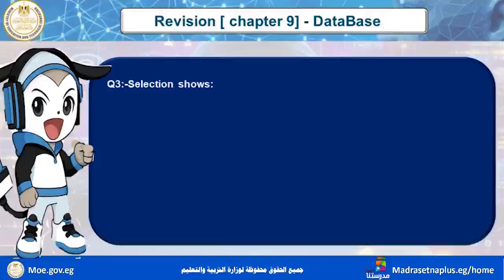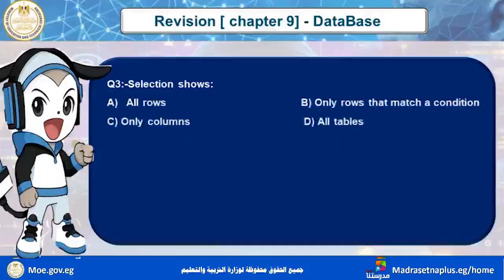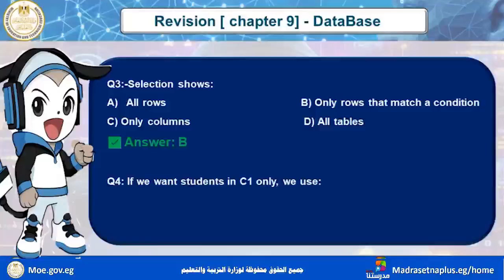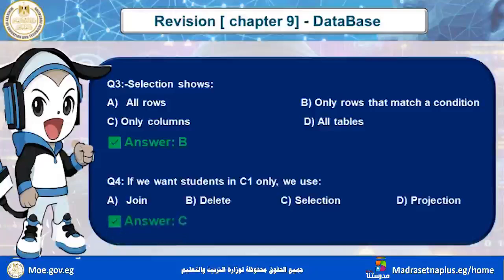Selection chooses all rows, only rows that match a condition, only columns, or all tables? Selection chooses only rows that match a condition. If we want students in C1 only, we use join, delete, selection, or projection? Yes, selection.